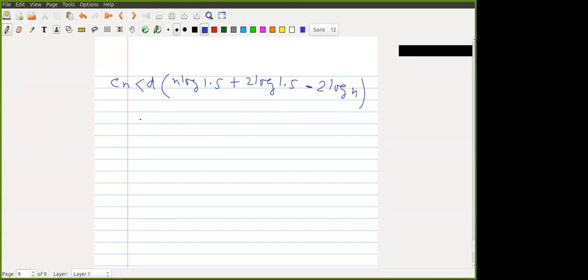So more or less it comes out like this: d times n plus 2 log of 1.5 minus 2 log n has to be greater than or equal to cn. If we take d greater than or equal to some 3c, I think this condition holds. Again, I am considering asymptotics, so this minus 2 log n would not matter, because n is always more than log n.